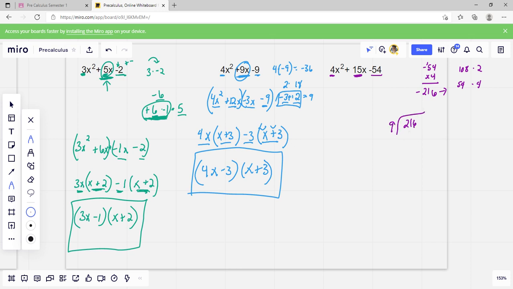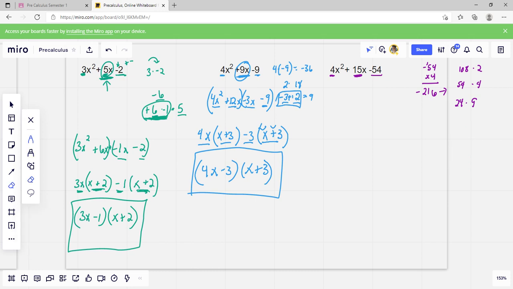Looks like it would be 24. So 24 times 9. Can I add or subtract either of those numbers and get 15? Well, if I did 24 minus 9, I'm going to get 15. So it's 24 minus 9.